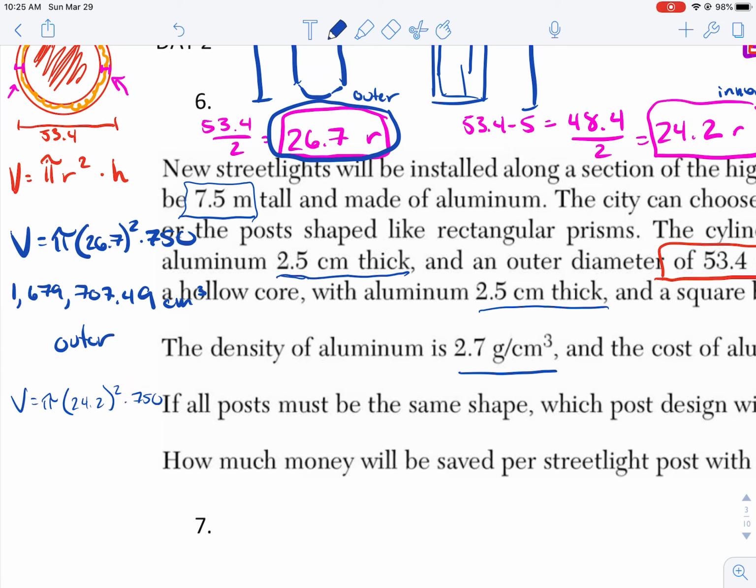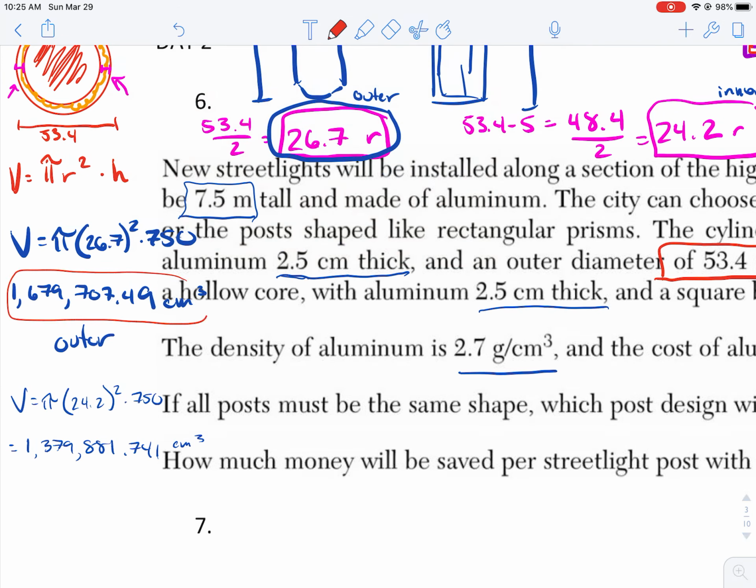Second answer. Yeah, okay. I'm sorry. I've had a brain fart. So, this is correct here. So you should have gotten 1,379,881.741 centimeters cubed.